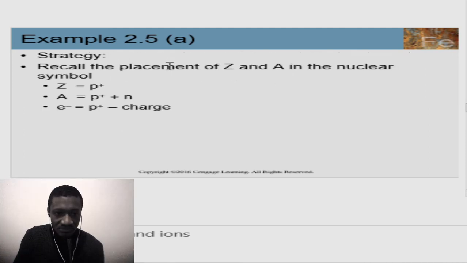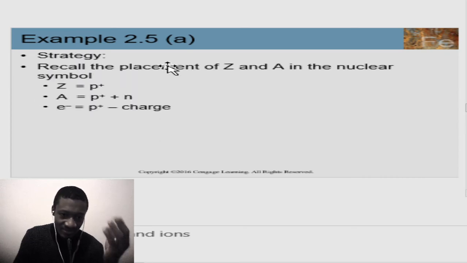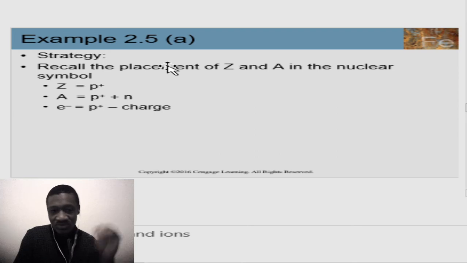So we know your Z, which is the one beneath, is your number of protons, and then your A is the combination of protons and neutrons, and then your electrons is your protons minus your charge.